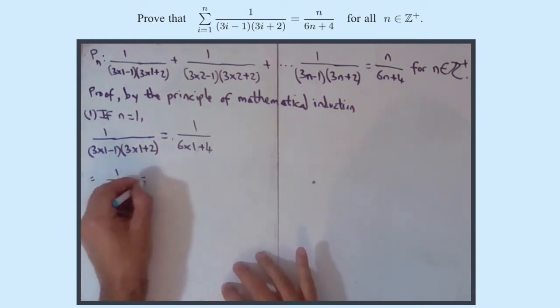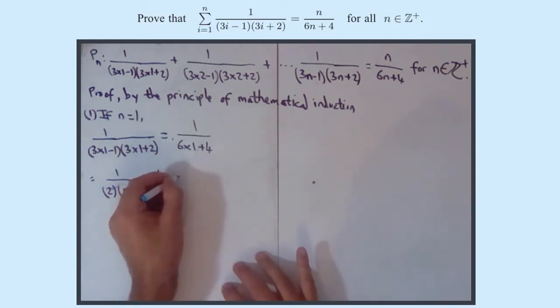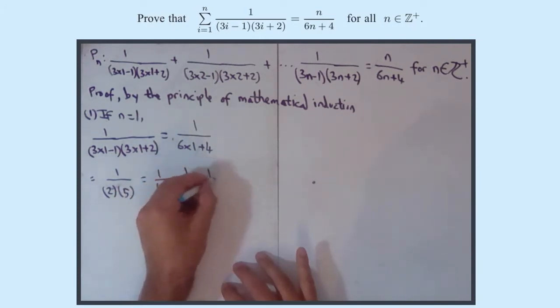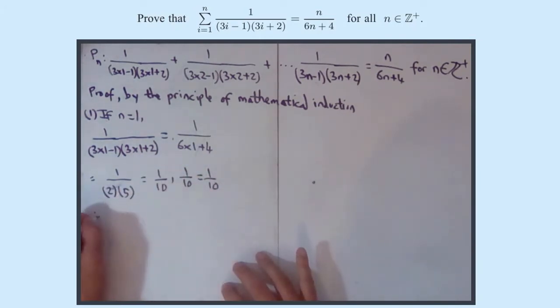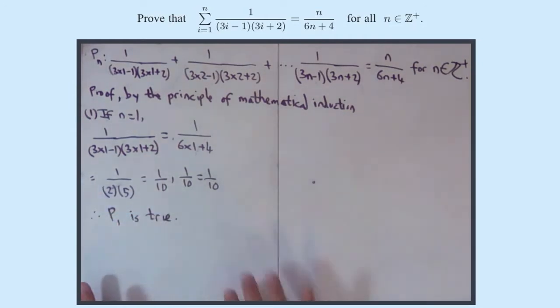Does 1 over 5 equal, and this is 6 plus 4, 1 over 10. Well, it does, yes. 1 over 10 does equal 1 over 10. So that shows us that P1 is true. So that's a good start.